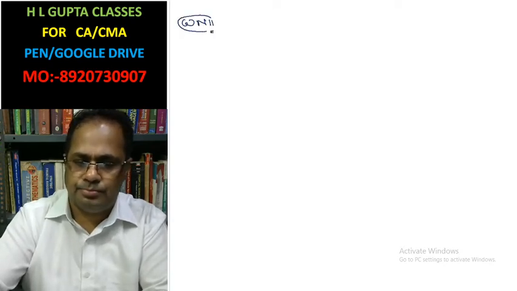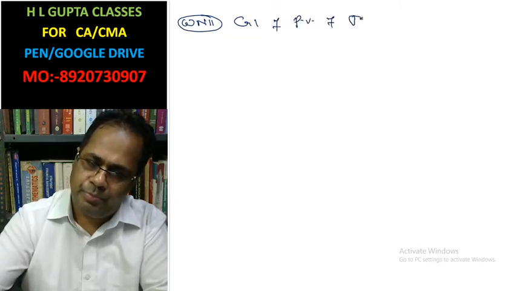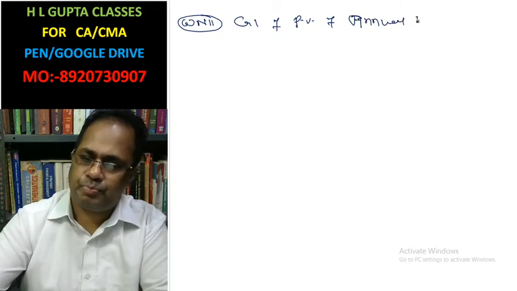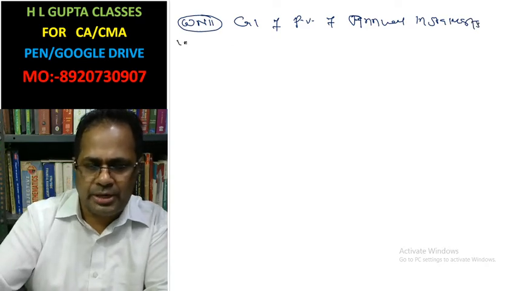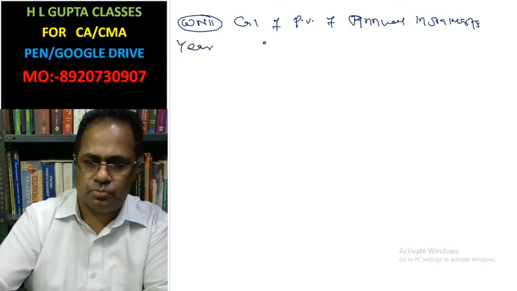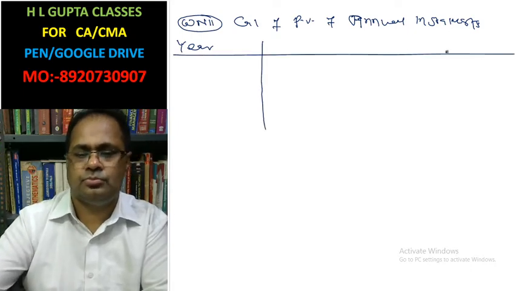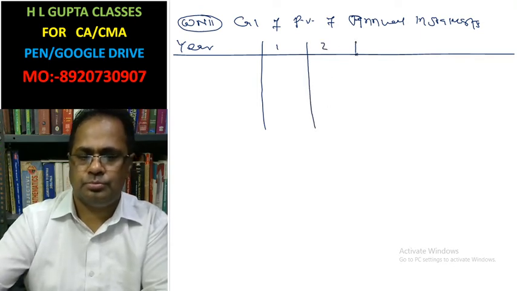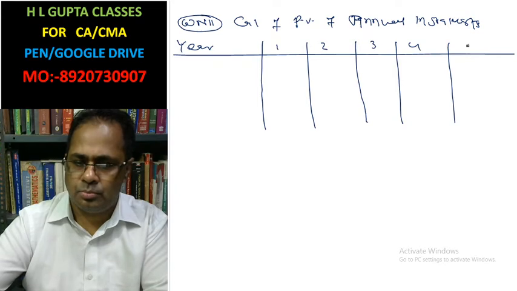Working note second. Calculation of present value of annual installment. You write here year 1, 2, 3, 4, this is a 5.